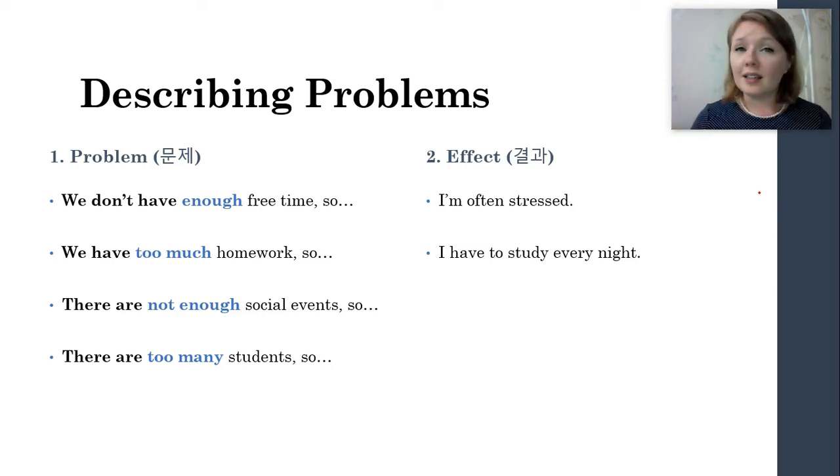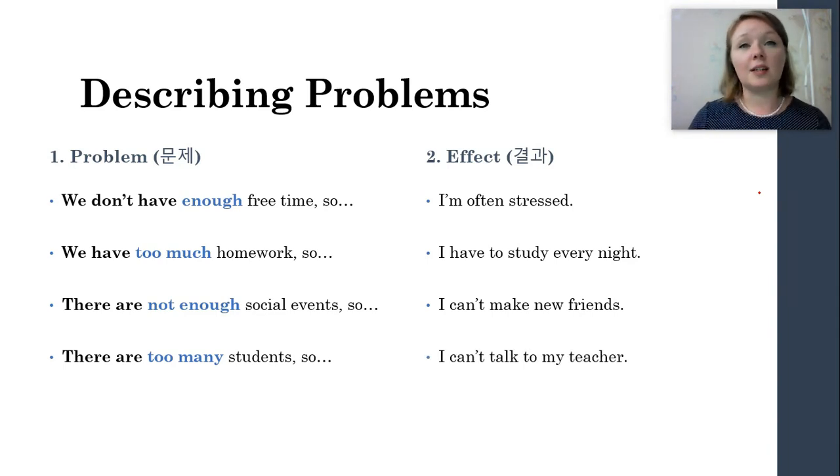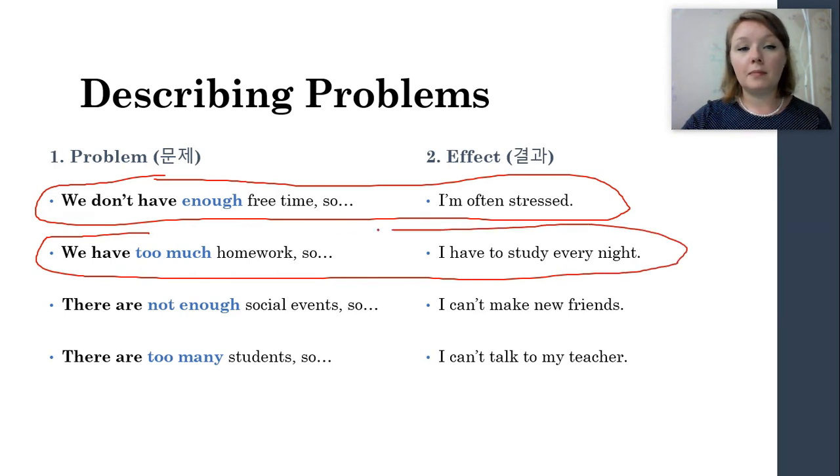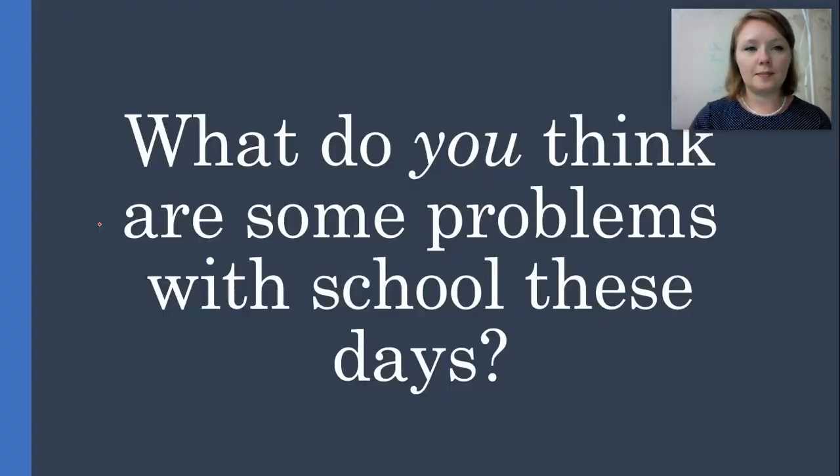There are not enough social events, so I can't make new friends. And there are too many students, so I can't talk to my teacher. So, this simple strategy, problem, effect. Problem, effect is an easy way to describe a problem, right? We don't have enough, we have too much, there are too many. And why is that a problem? Oh, I'm often stressed. Okay?